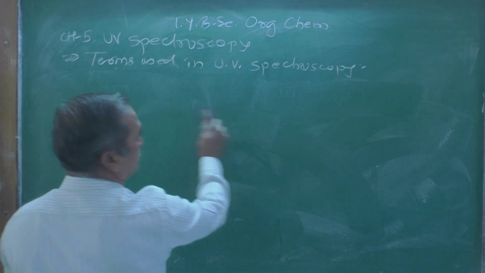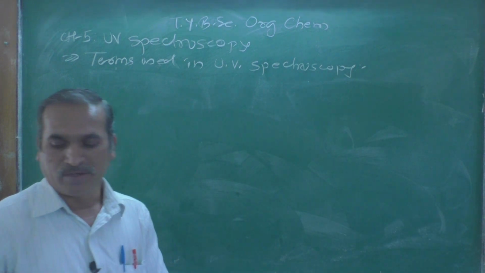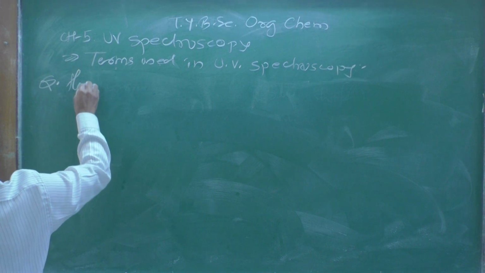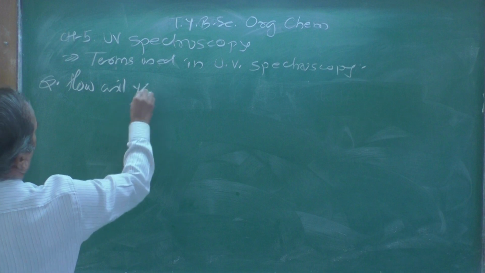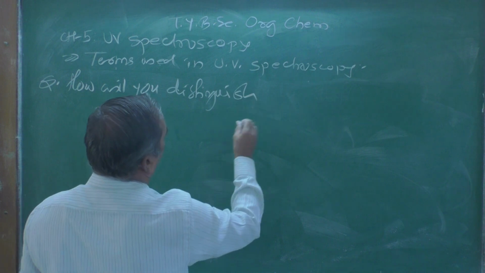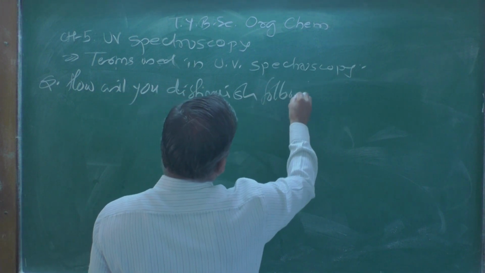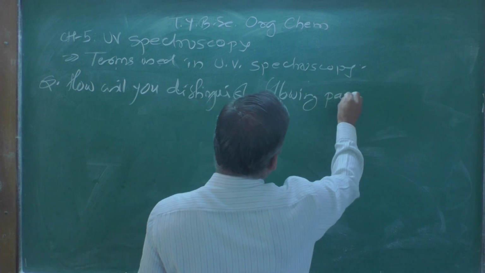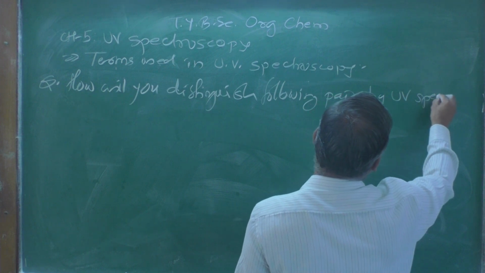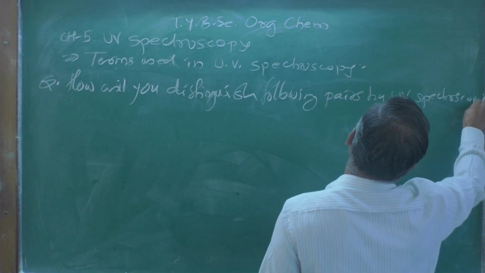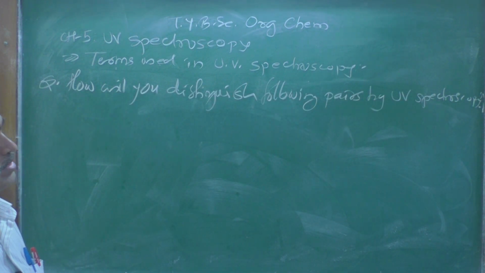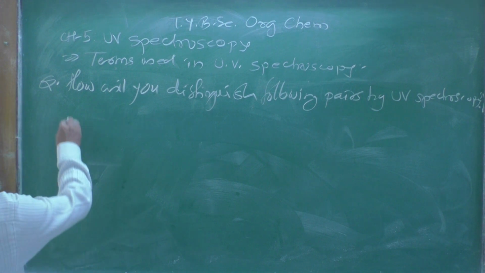The nature of the question is like this: how will you distinguish the following pairs by UV spectroscopy? How will you distinguish the following pair by UV spectroscopy? And the pairs are given.